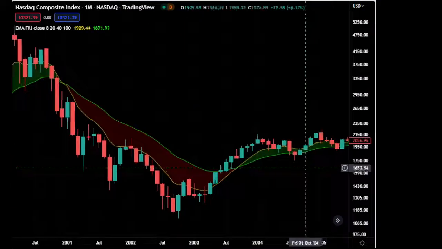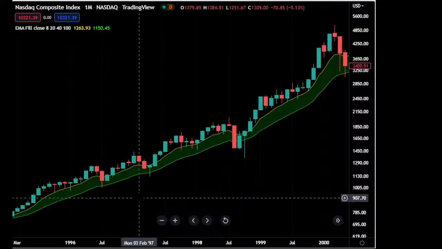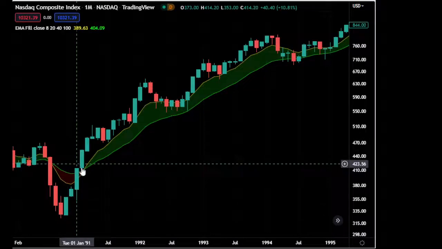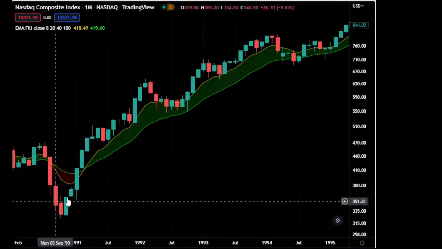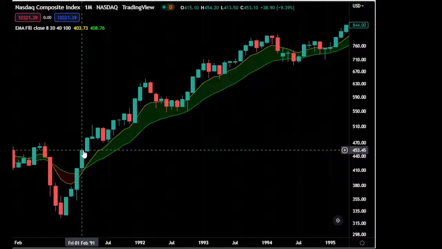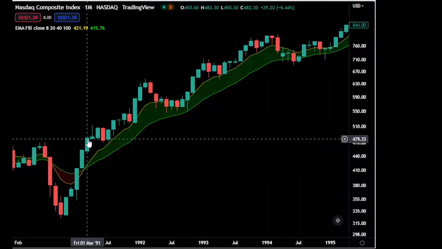Now, I'm going to go back just a little bit more in time because I think it is an interesting time in history. And this was roughly here. We started in 1991. We had a little recession here in 1990. And here is the first candle that was above the 20 with the 8-month moving average above here.